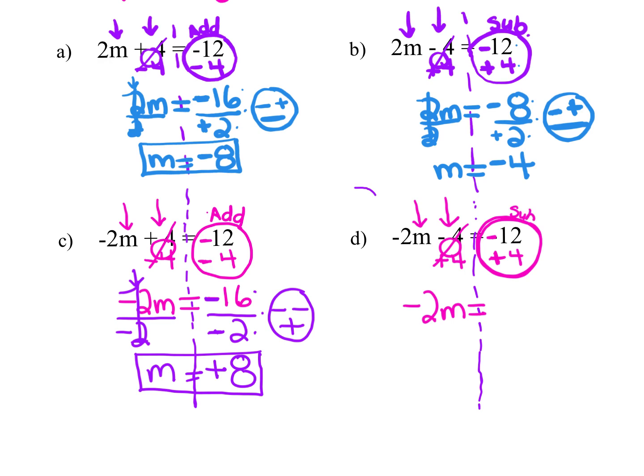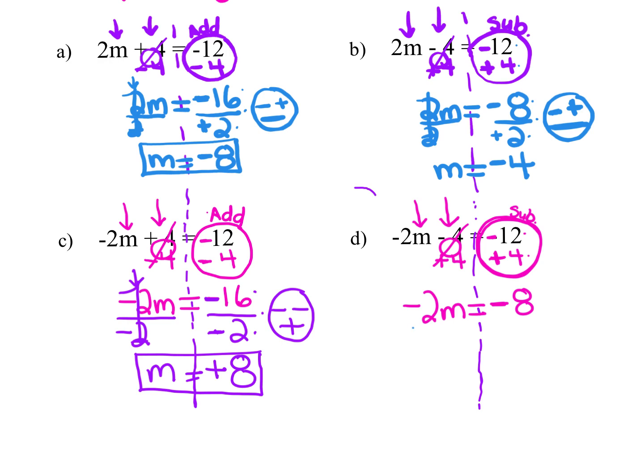So we're going to subtract here. We know we're going to have negative chips left over, but the difference between 12 and 4 is 8. Negative 8 is what we have on the right side.